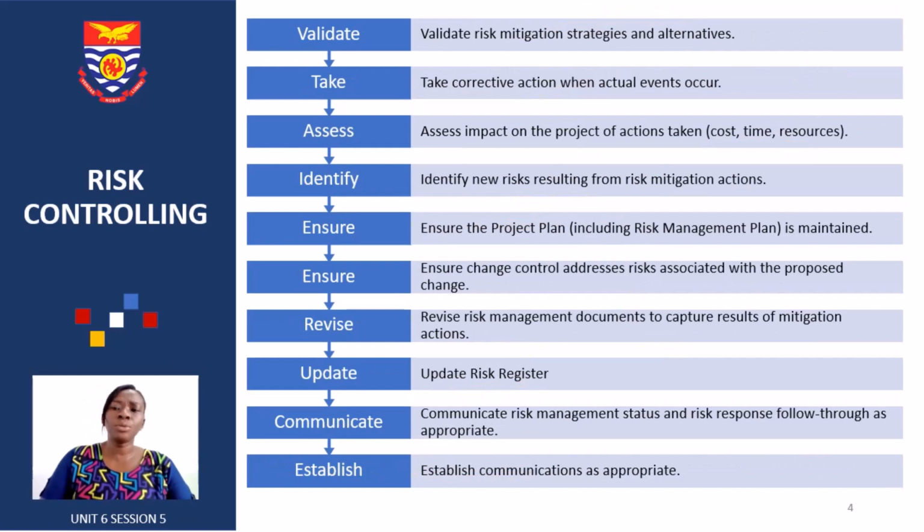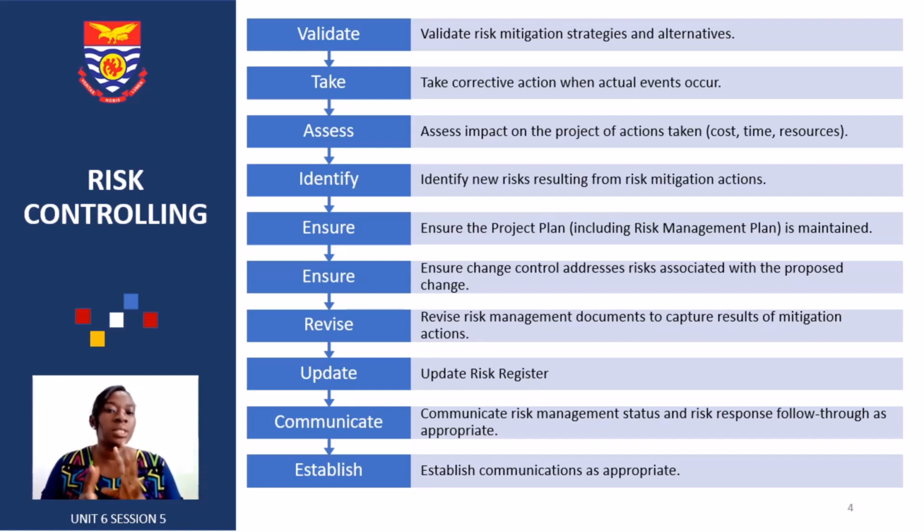So once you've been able to monitor, there's a need for us to go further to do risk controlling. When it comes to risk controlling, you need to be able to validate the risk mitigation strategies or alternatives you want to go with. Then you take corrective actions when there's a variation between the actual and the expected.